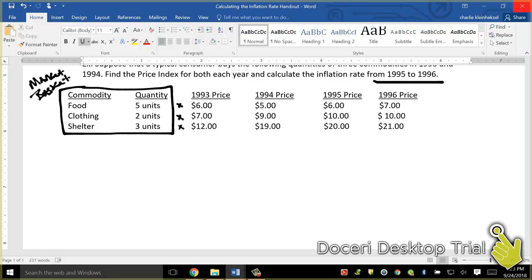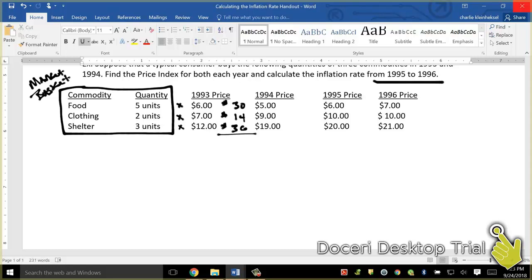That is going to give us the market basket value for 1993. Okay? So let's just quickly go through and do that. I know that 5 times 6 is 30. So we'll put $30. 7 times 2 is $14. And 12 times 3 is 36.